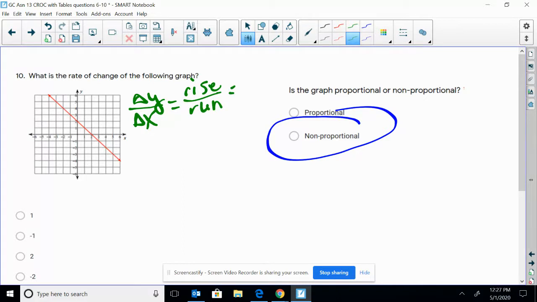So I go up 1, my rise is 1, but then I go back 1. My run is -1. So 1 over -1 simplifies to -1. So -1 is my rate of change.